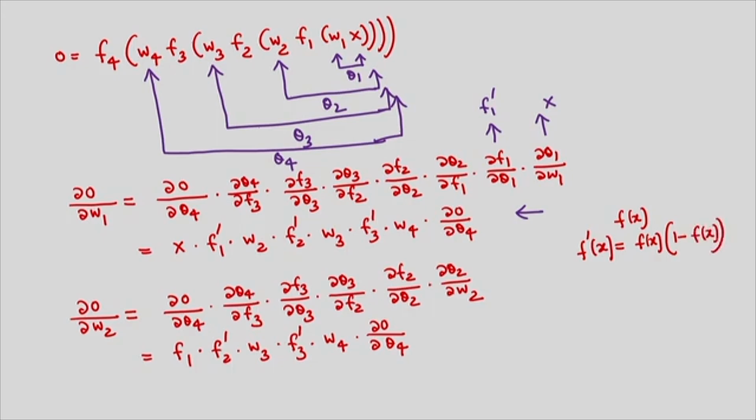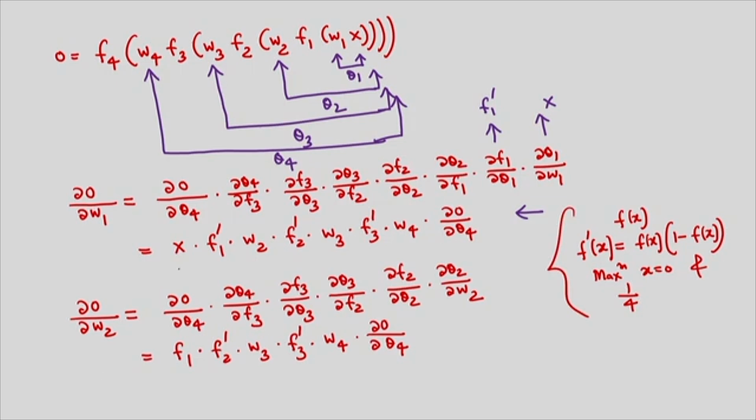So this is the derivative of the sigmoid activation function, and it is maximum at x equal to 0, and the maximum value will be 1 by 4. So it is less than 1.